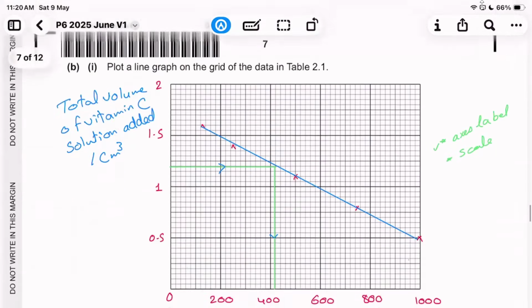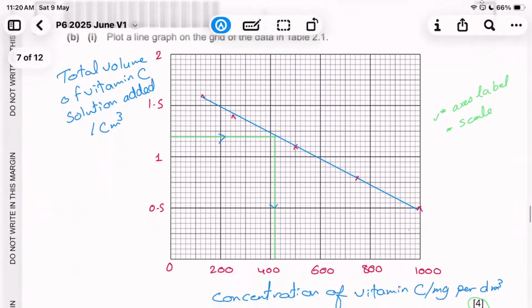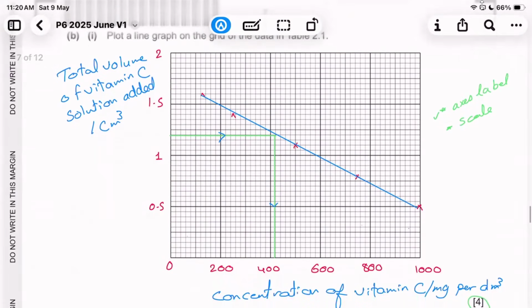You have to occupy 2/3 of the graph paper minimum. So I divided the x-axis with 200, 400, 600, 800, and 1000, and the y-axis with 0, 0.5, 1, 1.5, and 2.